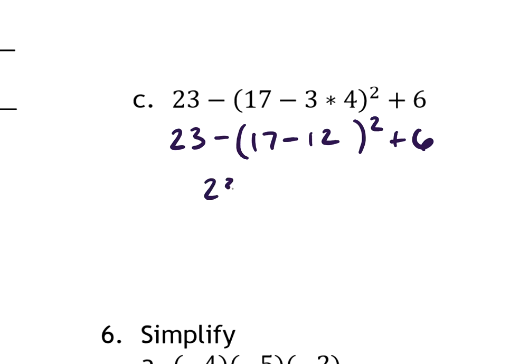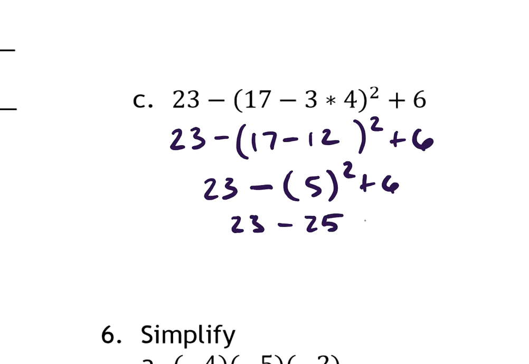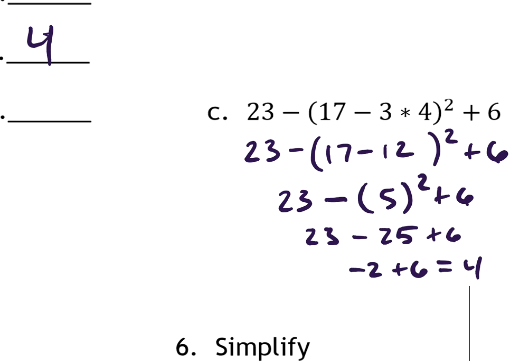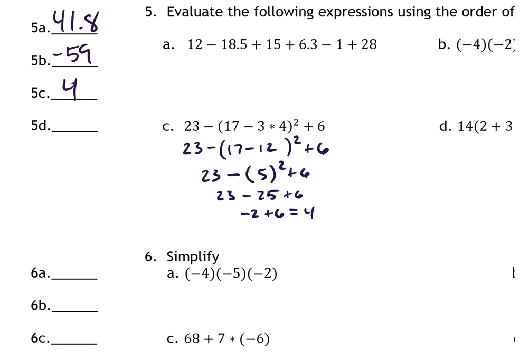Well, 17 minus 12 is 5, so that's 23 minus 5 squared plus 6, which is 23 minus 25 plus 6, which is negative 2. Negative 2 plus 6, which is the number 4. So again, 5C was 4. I'm trying to look at it just as a little piece at a time like that.